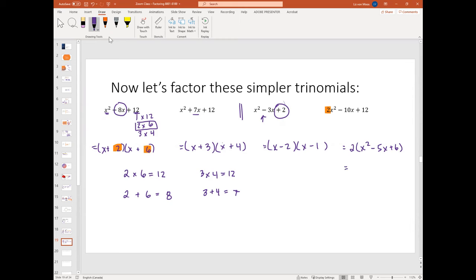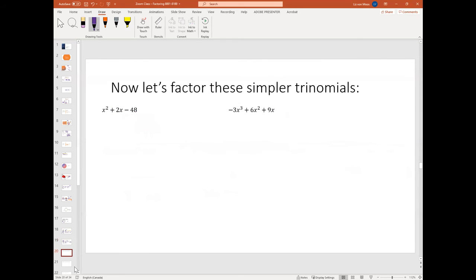In order to factor completely, you're going to have to pull out any common factors at some point anyway, so you may as well do it at the beginning. It may as well be your first step. And in this particular case, we end up with one of those simpler trinomials where we have a coefficient of 1 in front of the x squared. So we can move a little bit more quickly here.